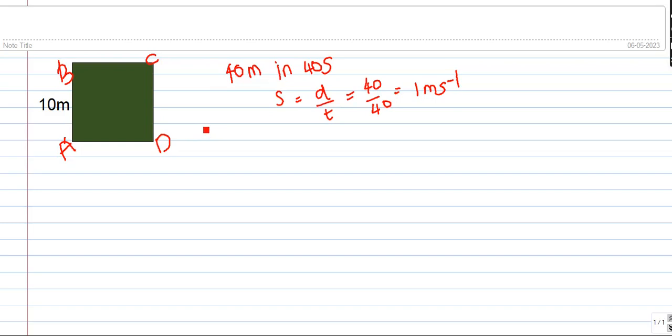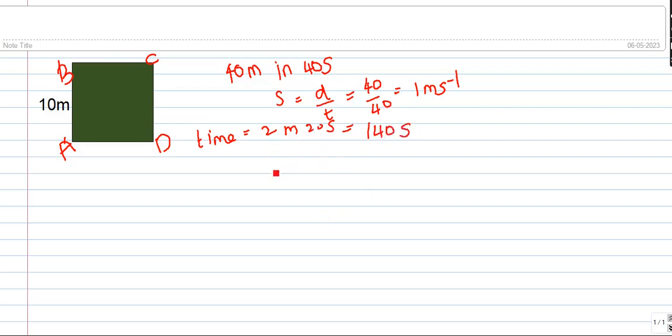So he goes around the square field for the time of 2 minutes 20 seconds. When we convert this into seconds, we get 140 seconds.